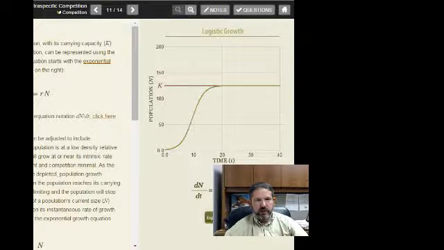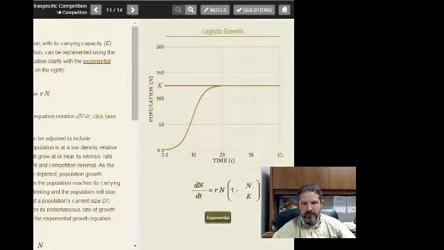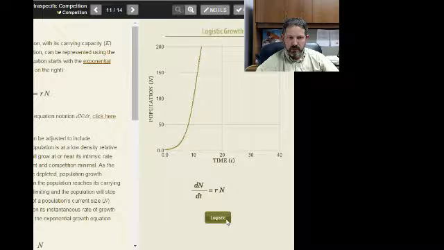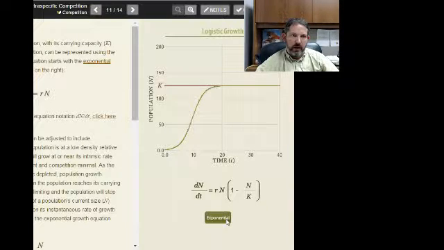Okay, this is a little confusing, I found, because let me move myself. Here it says exponential, but that's to switch to the exponential. That's the exponential growth curve. That's the logistic growth curve.